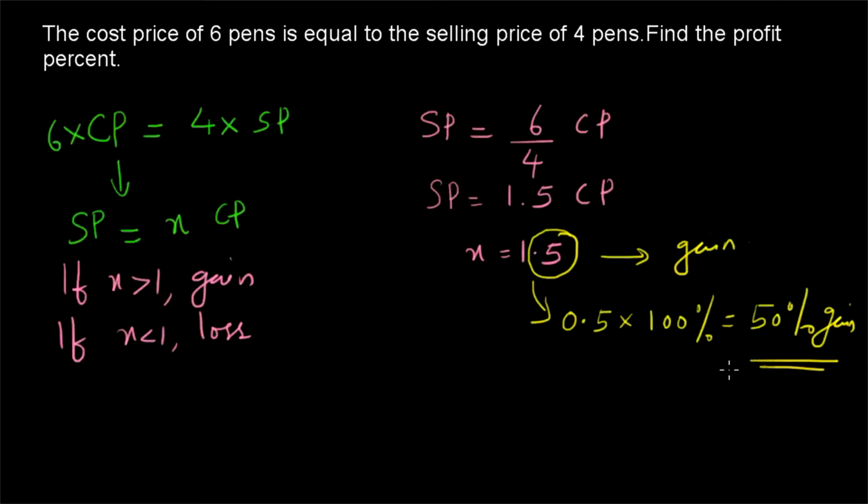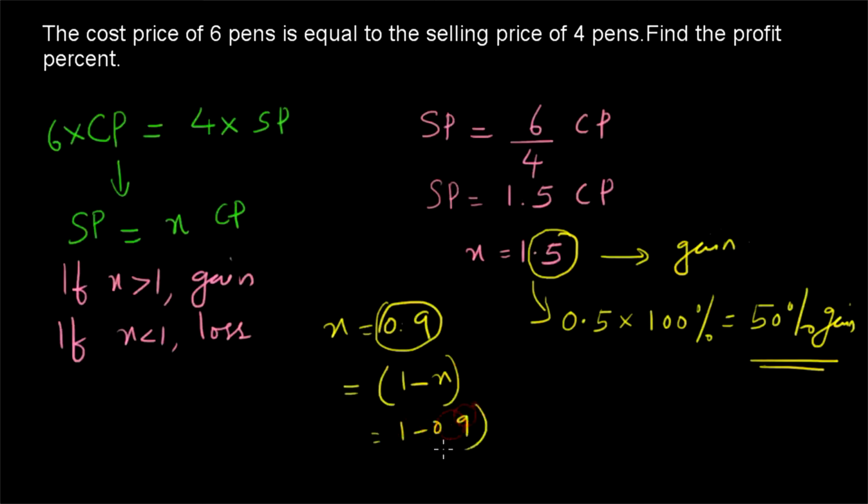Now to finish the explanation of the method, let's say X is equal to 0.9. If it is less than 1, how do we find the corresponding loss? When it is less than 1, we first do 1 minus X. 1 minus X will be 1 minus 0.9 here, and that into 100 percent. So 1 minus 0.9 is 0.1.